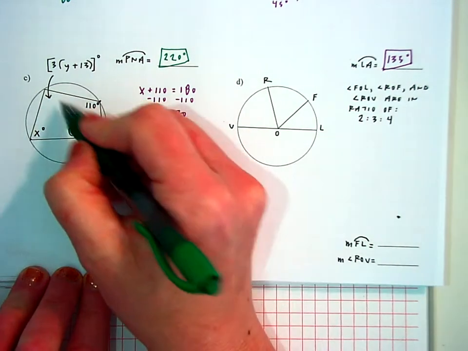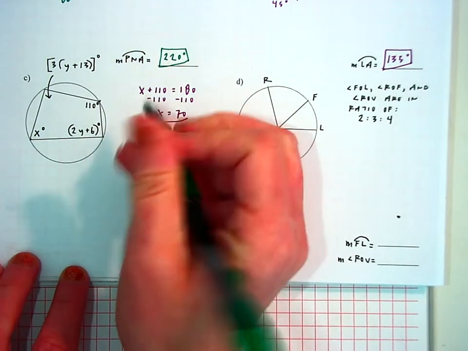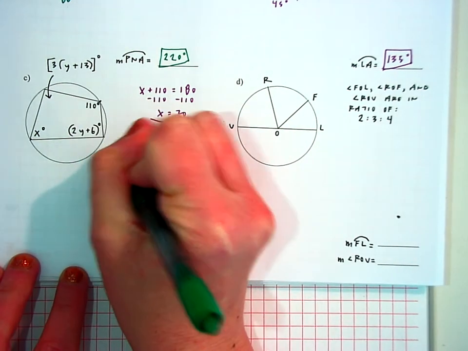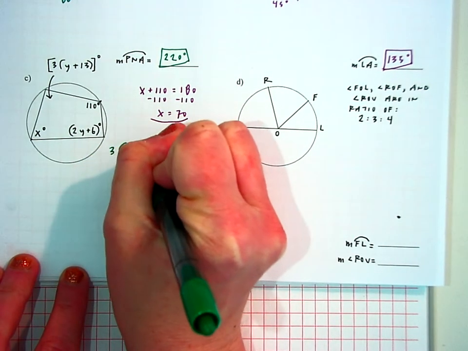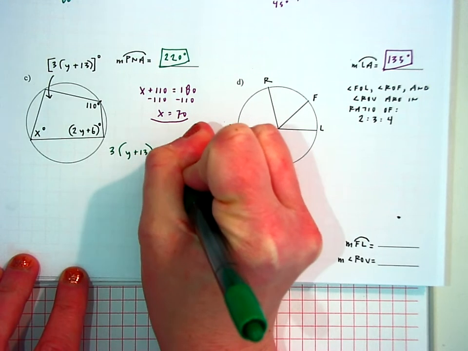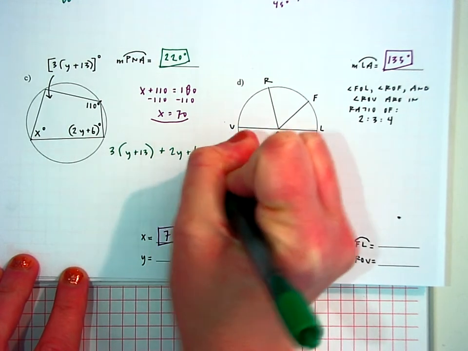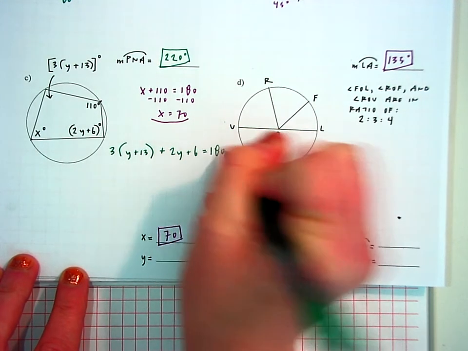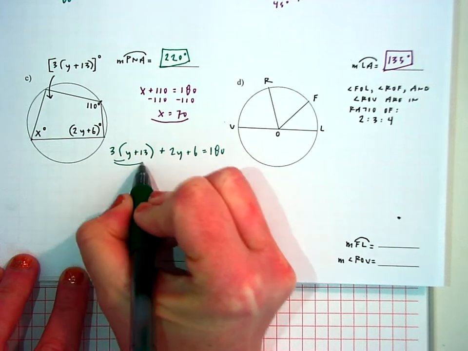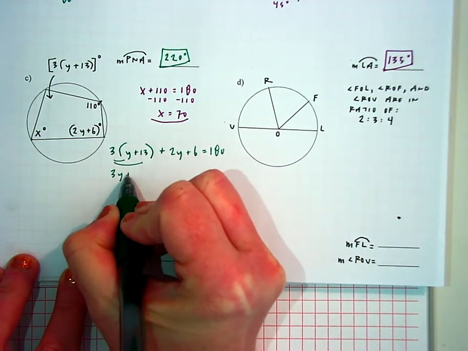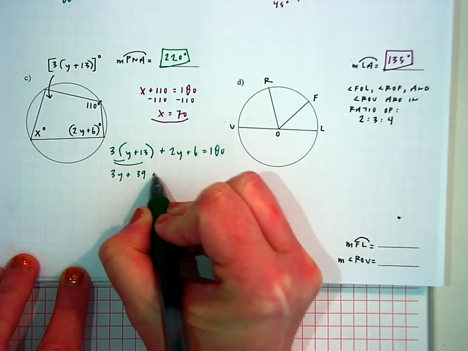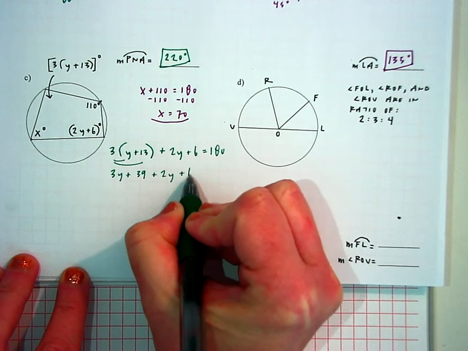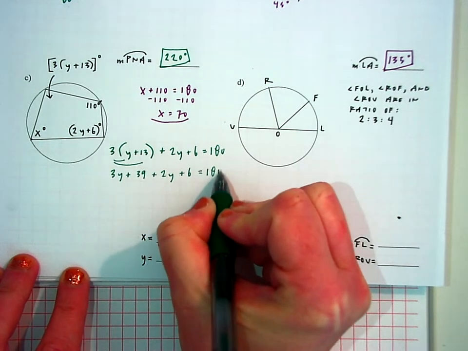So to get to y, here I have to build up my equation. So I know that 3 times (y plus 13) plus (2y plus 6) has to get me to 180. So here I distribute: 3y plus 39 plus 2y plus 6, all equal to 180.